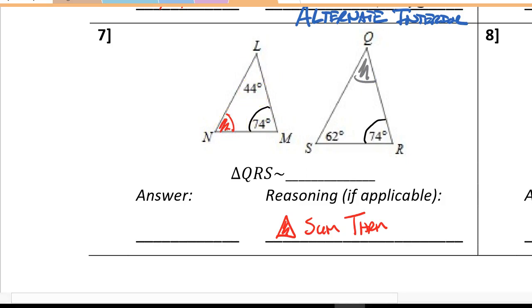So for my smaller triangle, angle N plus angle L plus angle M should equal 180.